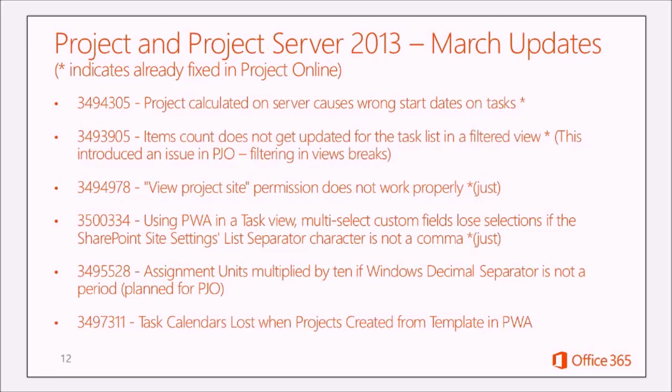Suppose also that within the project, you had calendars associated with the task. So I could have, let's say, a 24-hour calendar associated with the task. When you had that situation, when you created that project on the server, you would open it up and there would be no calendar at all associated with the task. In fact, the calendar wouldn't even be there.